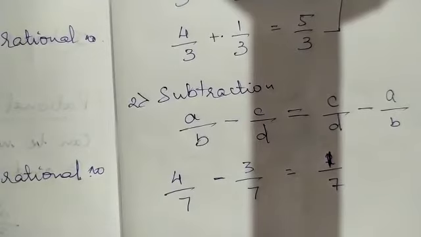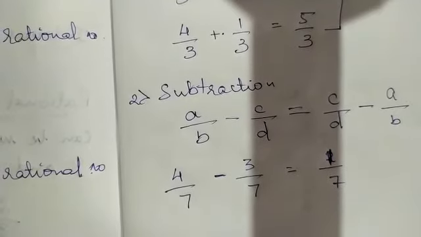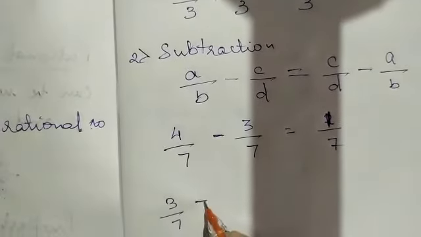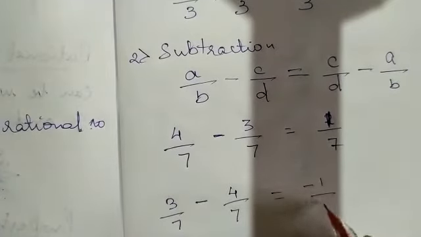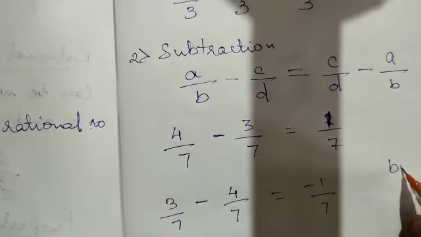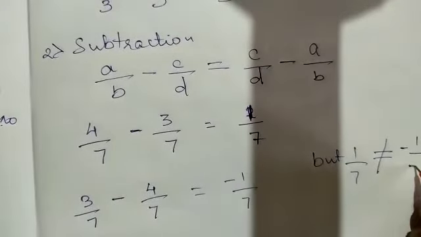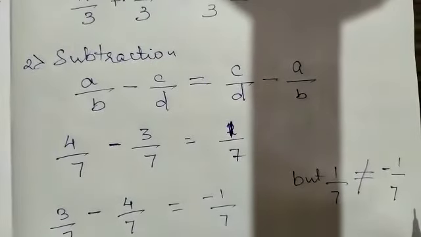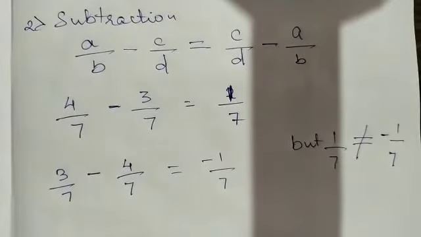Now I will change it: 3 by 7 minus 4 by 7, I will get minus 1 by 7. But 1 by 7 is not equal to minus 1 by 7. So I can tell that the commutative property does not hold good for subtraction.